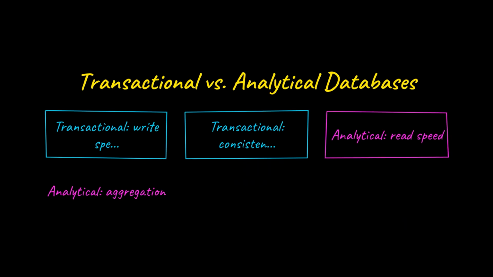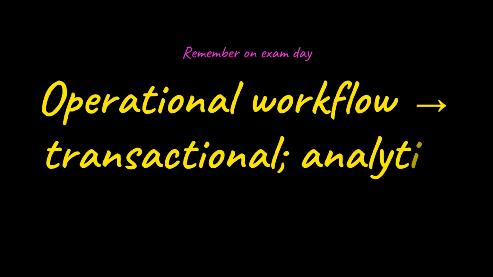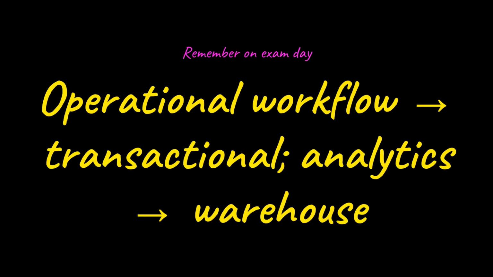Analytical databases prioritize read speed and aggregation to study historical data. Mixing the two workloads degrades performance and risks inconsistency. When an exam stem describes real-time operations, rollback, or strict consistency, the answer points to a transactional database. When it describes reporting, trends, or aggregation, think analytical structures like data warehouses.